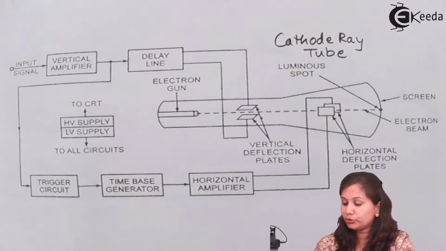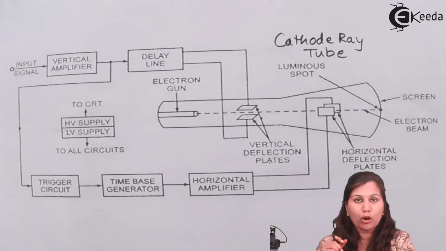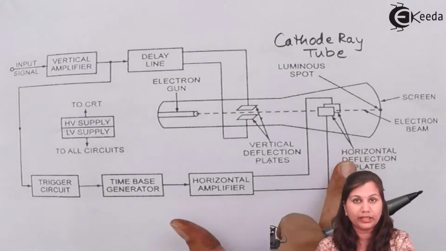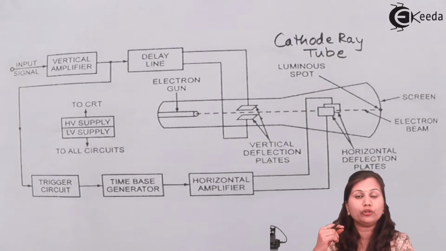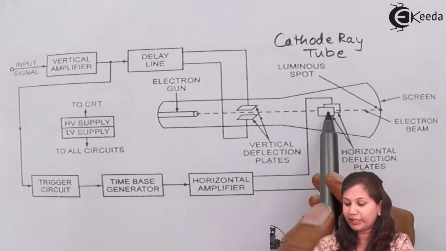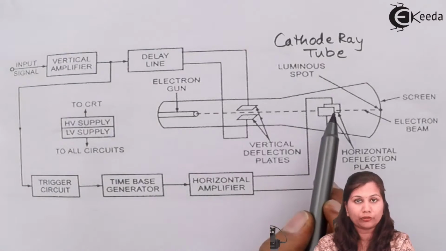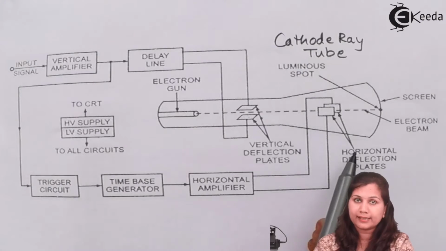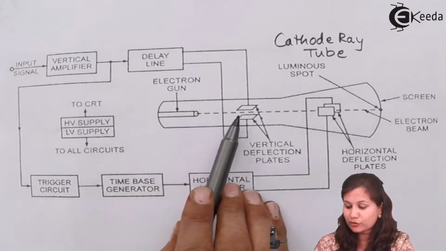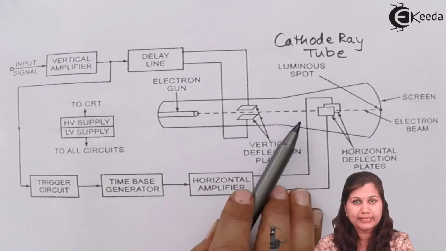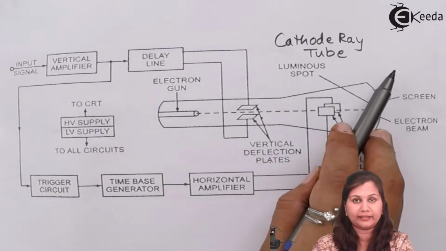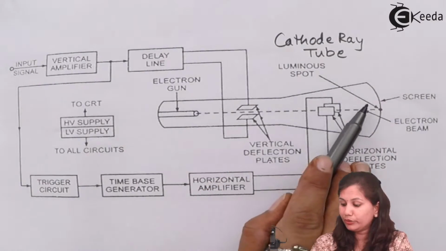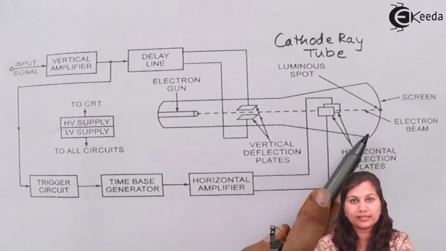Due to that luminescence, a spot is produced on the screen, and this spot is going to move according to the deflections caused in the beam of electrons by the vertical and the horizontal deflection plate system. When the electrons pass through this plate system, they deflect and strike the screen.